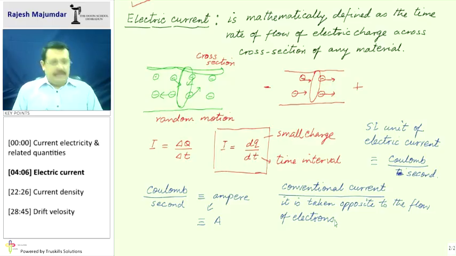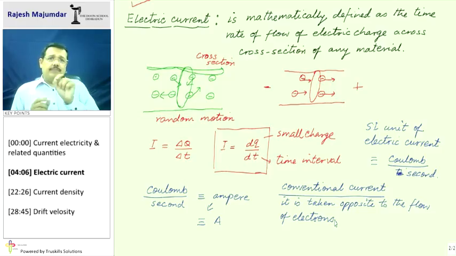This is just a convention, and that is why it is called conventional current, because conventionally, since the direction of the electric field is also from positive towards the negative side, we always stick to the flow of positive charge. So the direction of the positive charge movement is given as the direction of the electric field intensity. You will recall that.